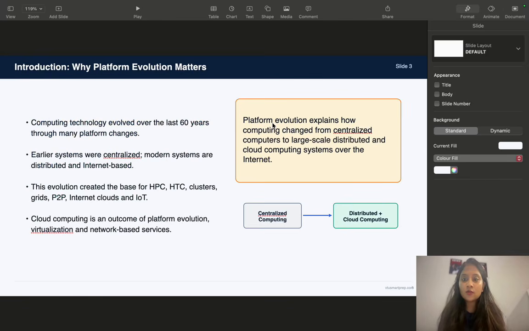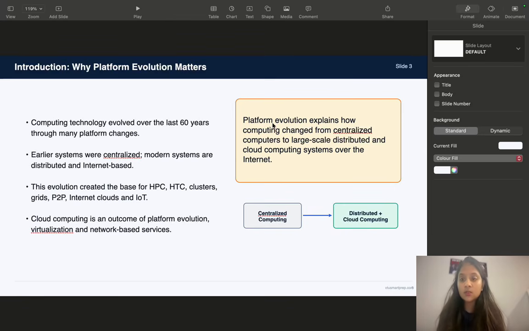Platform evolution means how computing systems changed step by step over many years. Earlier, computing was not done using large centralized computers.